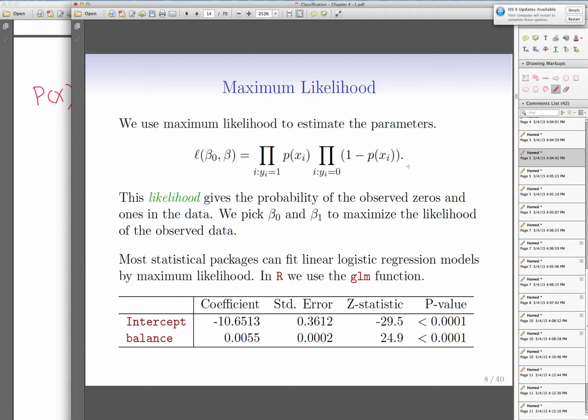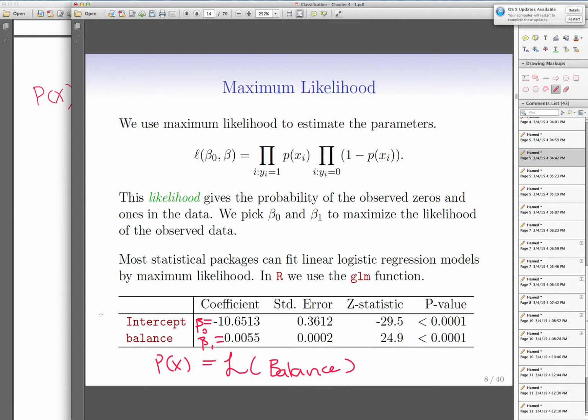So let's say we ran our logistic regression model. Let me write it: logistic of balance. And here are the coefficients we get. We get beta 0 equal to -10, and beta 1 equal to 0.0055.